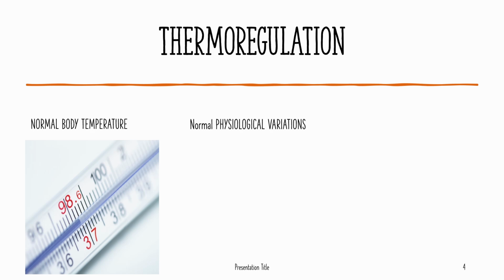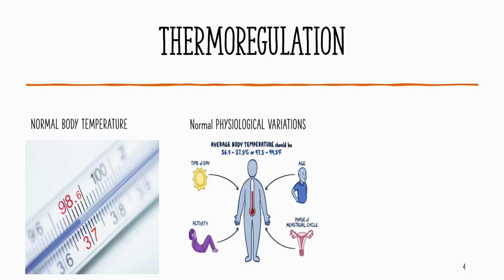This is the normal physiological variation which is permitted, and it happens because of diurnal variation or the menstrual cycle, whatever phase the person is in. Based on the cycle of menstruation, the level of activity of the person, or the age of the person, there can be normal variations in human temperature.